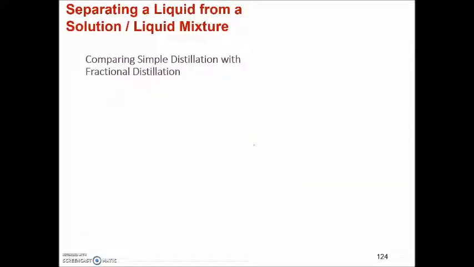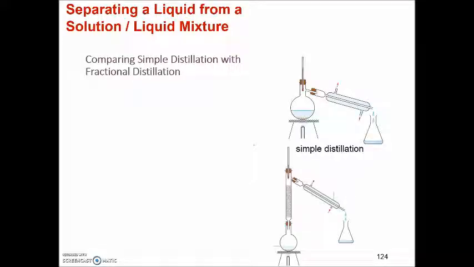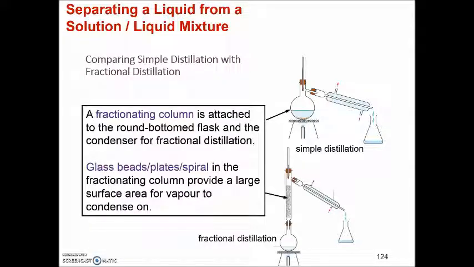So the idea of fractional distillation is the idea of fractions. So you have a fractionating column that's attached to a round bottom flask. And the only difference between the fractionating column and the normal flask is that the fractionating column contains glass beads that provide a large surface area for the vapor to condense on.